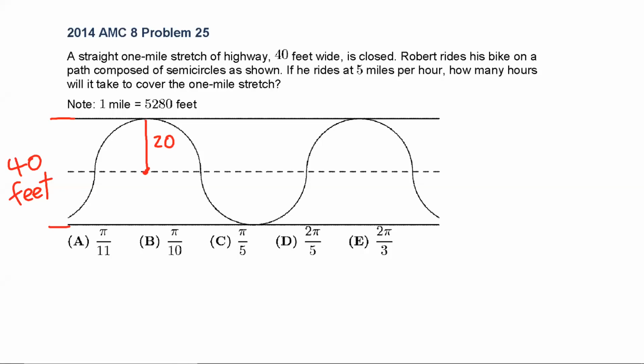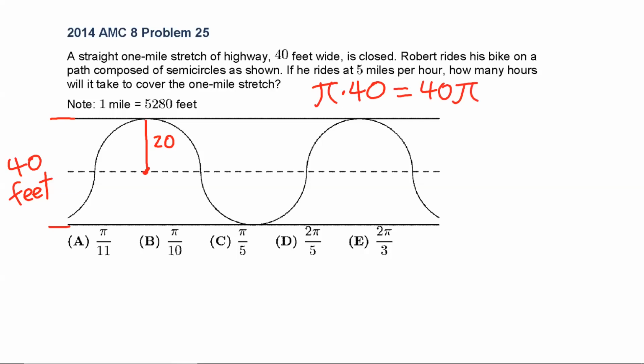So you can find the perimeter of each of these semicircles by using the formula, so that you know the total perimeter would be pi times the diameter, which is 40, is equal to 40 pi.